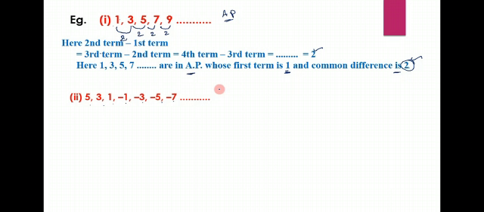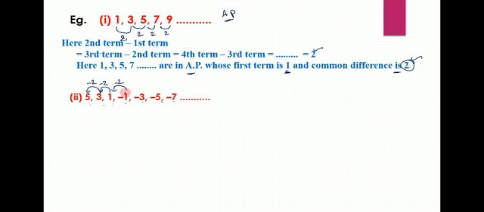That means we need to check whether the difference between two successive terms is the same or not. What is the difference, term 2 minus term 1? That means 3 minus 5, which is minus 2. 1 minus 3 is minus 2. Minus 1 minus 1 is minus 2.